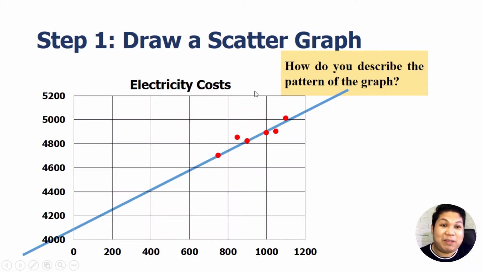Your line can't be above or lower than that, because again we need to draw a relationship between these two variables. So if you notice, the line is going up.